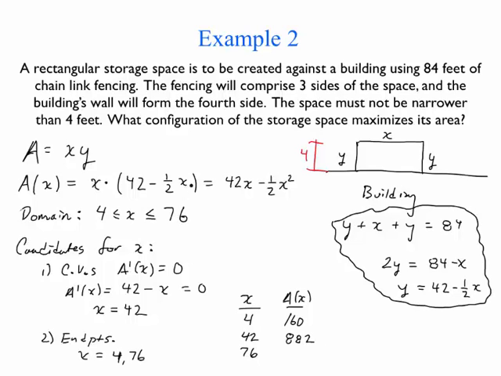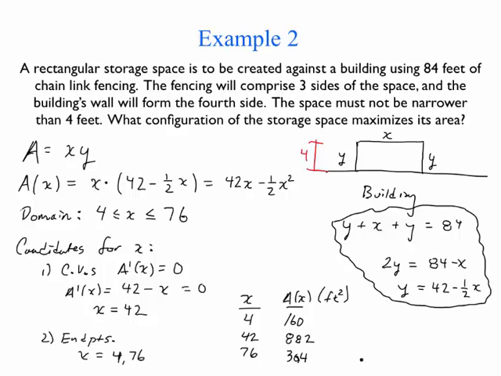And then, what is this? 304. 304? Someone else get that? So now, when you get to this step, if you had the other function that I called a of y, you should get these same three numbers for the areas. 160, 882, and 304 square feet.